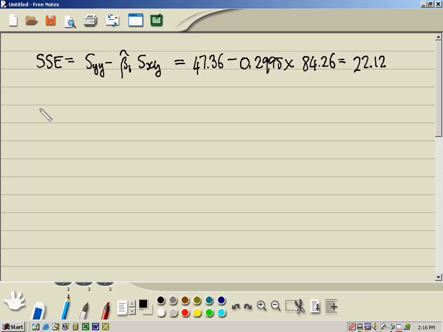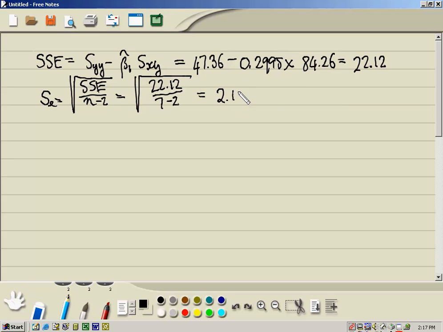Alright, next step is the standard deviation of the errors, S of E, the square root of the error sum of squares which we've just calculated, divided by the degrees of freedom. So that's the square root of 22.12 divided by the 7 minus 2 or 5 degrees of freedom. Alright, and that's easy to do. There's 2.104.